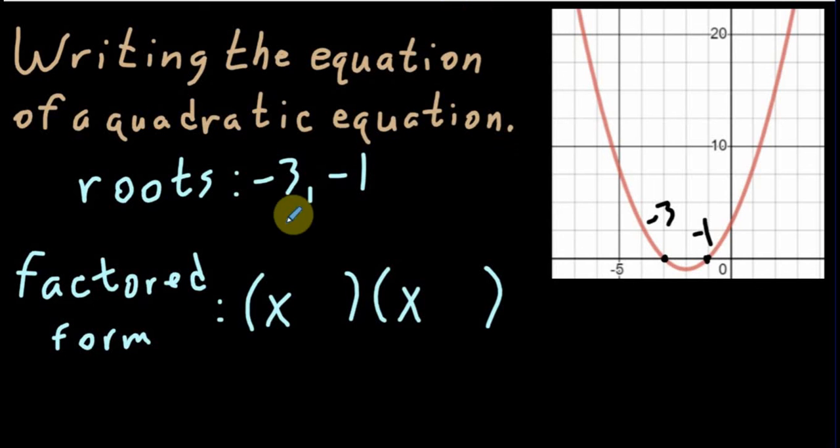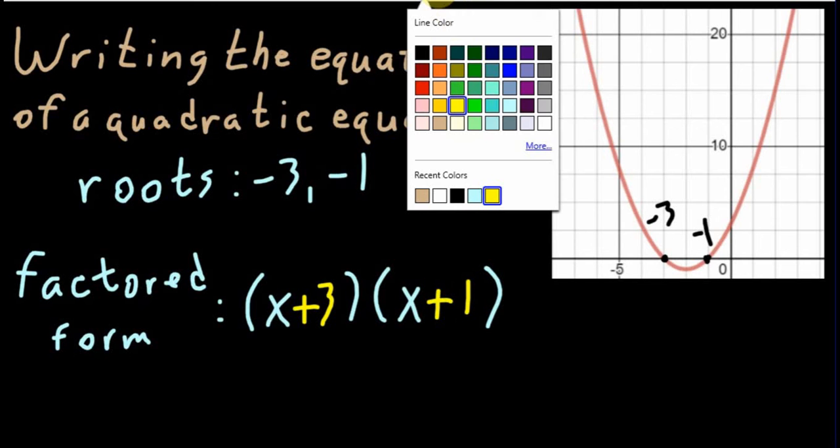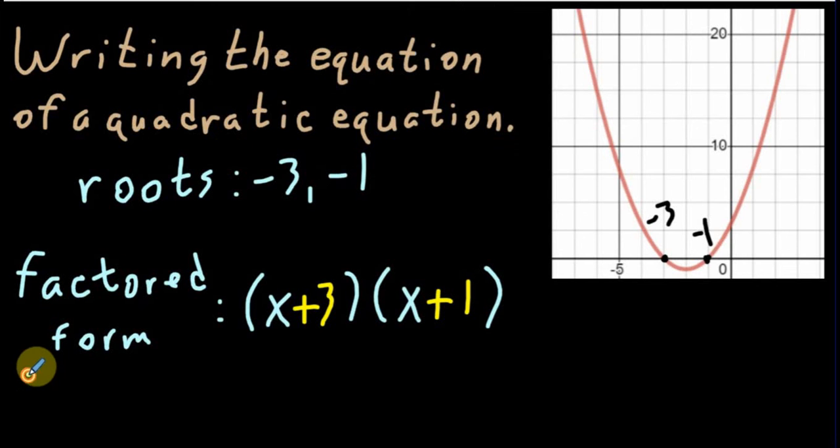Now, for your somethings, you look at your roots. That's a -3. Take the opposite, plus 3. The other root is -1. Take the opposite, plus 1. Now we want to put this in standard form.